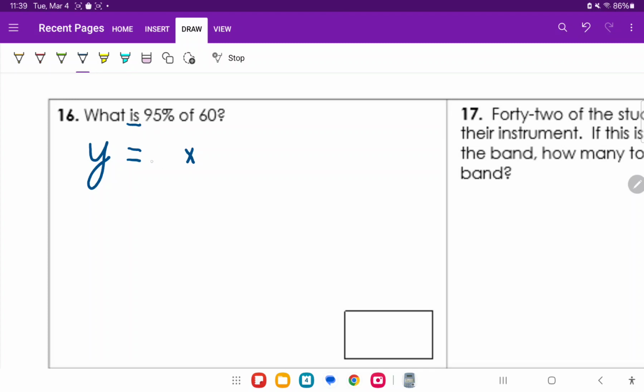So we're going to take the 95% and move the decimal over 2 places like that. And then we have the 60 right here. So our answer is going to be 0.95 times 60. So we're going to use a raised dot instead of the X to indicate that.